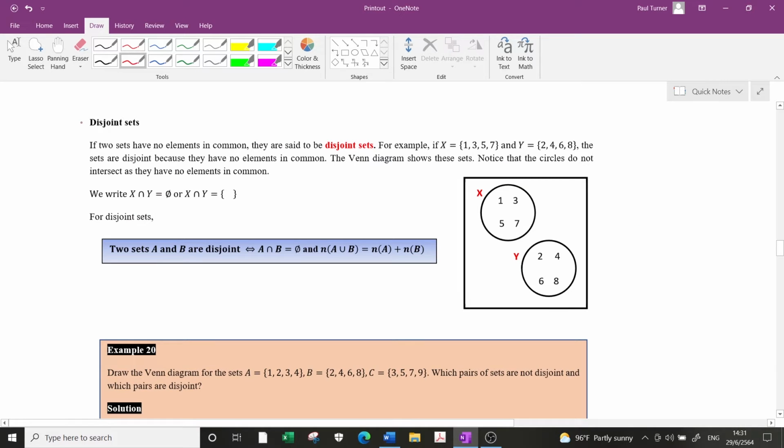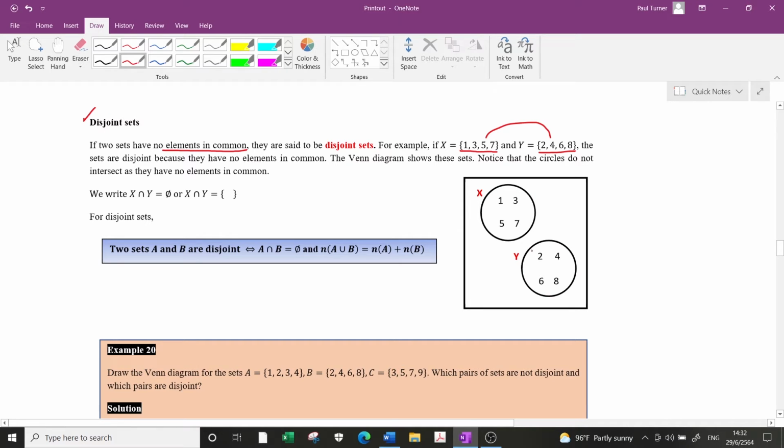Another concept you need to know are disjoint sets. Disjoint sets have no elements in common. So for example, we can have X as 1, 3, 5, 7 and Y as 2, 4, 6, 8. These sets are disjoint because they have no elements that are the same. When we draw that picture, we have 2 sets which are separated.